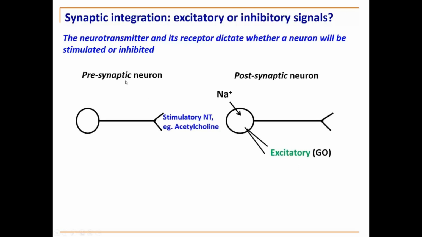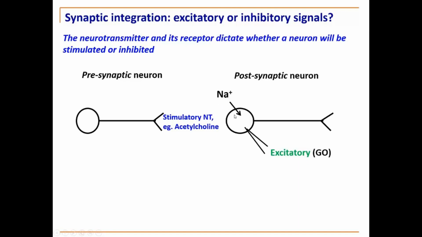So remember, here is our presynaptic neuron again. A stimulus comes in, an action potential travels along the axon, and stimulates the release of a neurotransmitter. Acetylcholine is one neurotransmitter that is mainly, not always, but mainly stimulatory because it binds to different receptors. When it's stimulatory, the neurotransmitter binds, opens a ligand-gated channel, and triggers sodium to come into the cell.